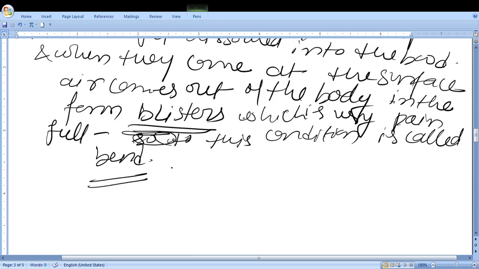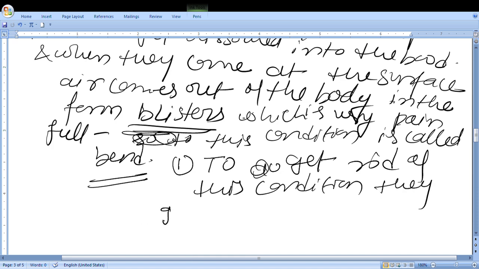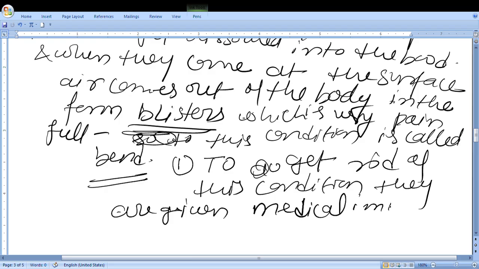To get rid of this condition, they are given medical help immediately.